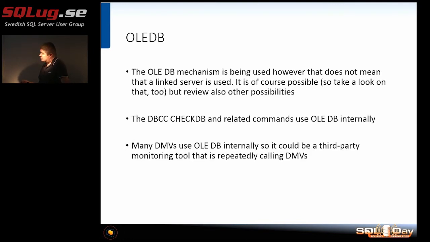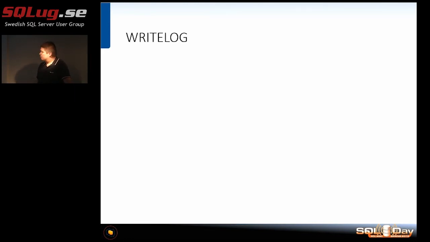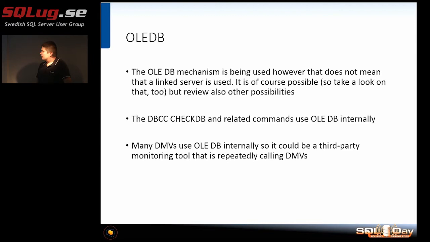Also, many of the database dynamic management views use OLEDB internally. So if you have a third-party solution like a monitoring tool that queries your DMVs, then you can see many OLEDB wait stats. So that could be the problem.